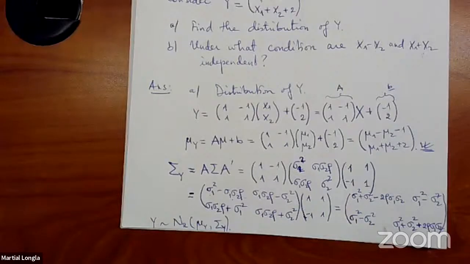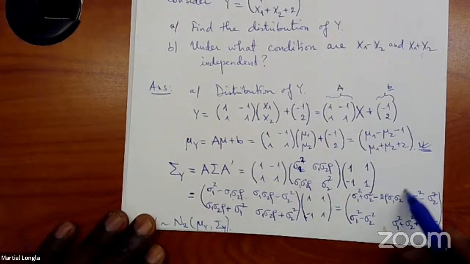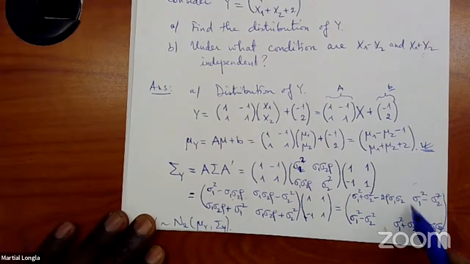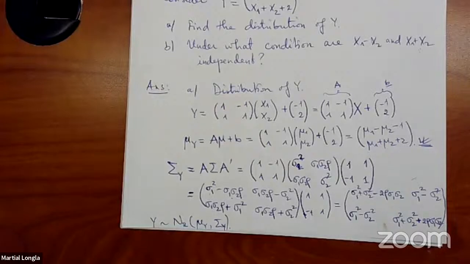So the off-diagonal elements are 0. If the off-diagonal elements are 0, then they are independent. And you can see they are the same, equal to 0, if sigma squared 1 equals sigma squared 2.